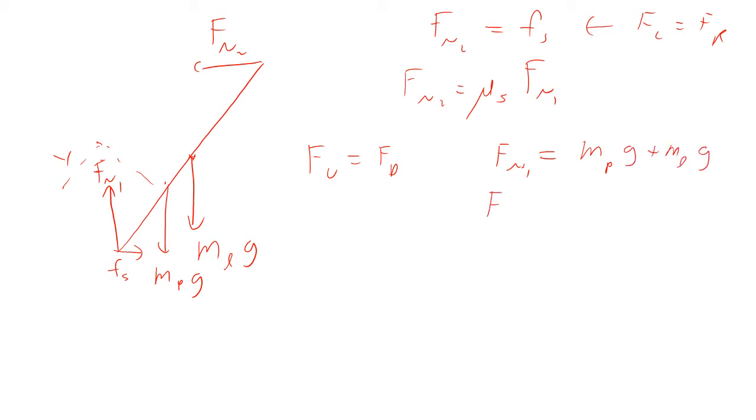So that means Fn1 is going to be (mp plus ml) g. That means Fn2 is going to be mu sub s times (mp plus ml) g. So now we have Fn2.